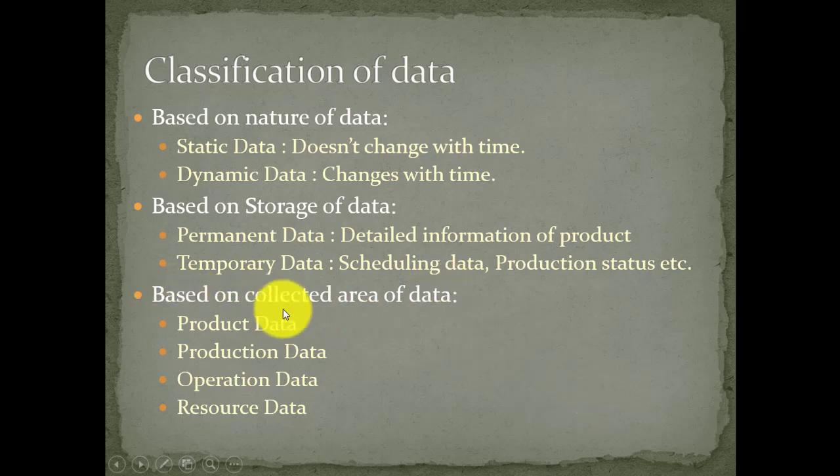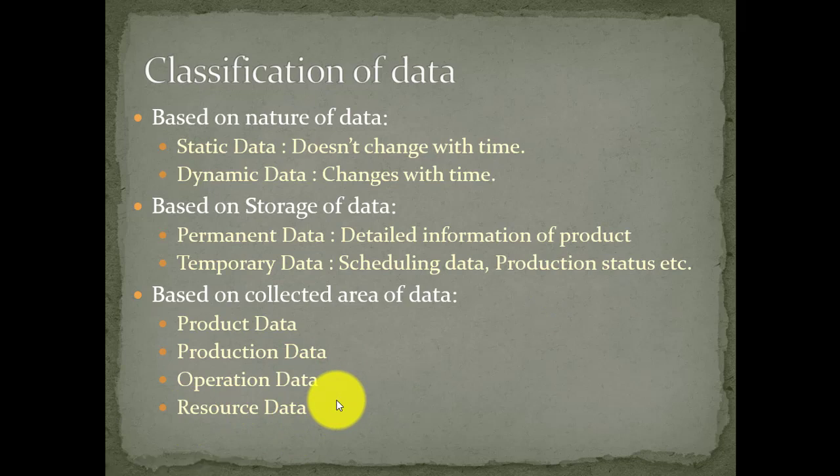And then, based on the collected areas of the data, in which areas you are collecting this data, that could be product data. If you are collecting it from the design department, production data is collected from the production, and operations data are collected from the operations list that you have. And then resource data. Resources could be man, machine, or money, finances.